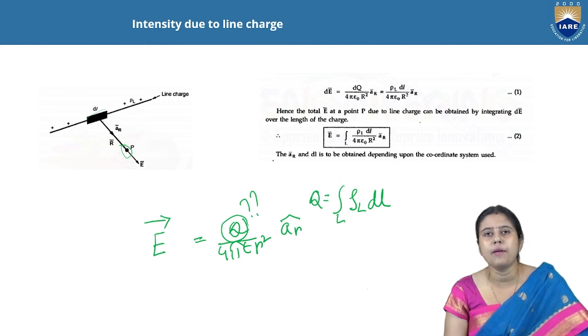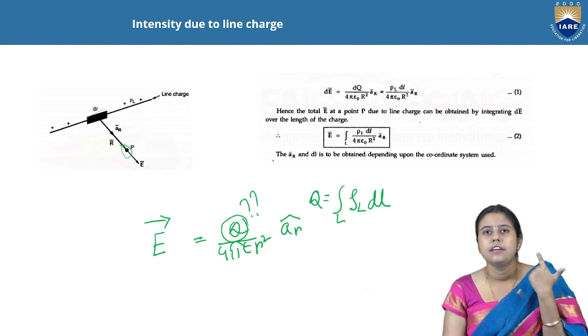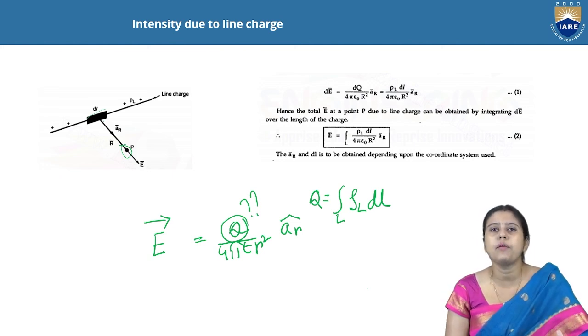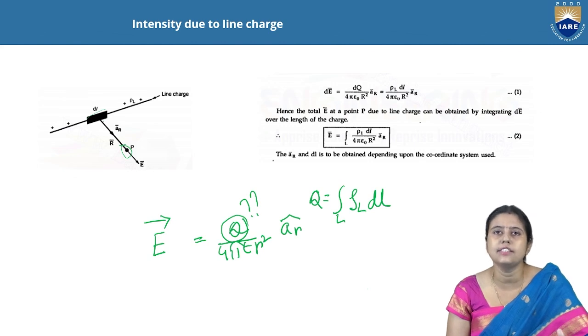Next, we have discussed about the different types of charges. First one is the point charge. Next, line charge. Next is the surface charge, and fourth one is the volume charge. Next, we have discussed about the line charge density. It is written as charge per unit line, and unit is coulomb per meter. It is written by rho L. Next, we have discussed about the surface charge.